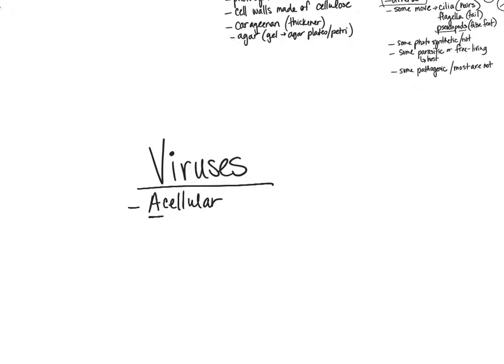And since they are very, very small, we cannot see a virus without the use of a microscope. They fit here in microbiology. So we talk in detail about viruses here in microbiology. So again, they are acellular, which means they are not made of cells. And since they are not made of cells, they cannot be either prokaryotic or eukaryotic, because both of those are classifications of living organisms that either have membrane-bound nuclei or do not.